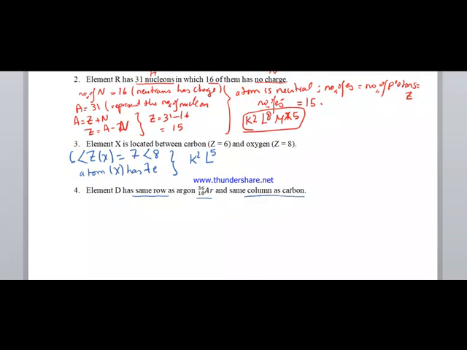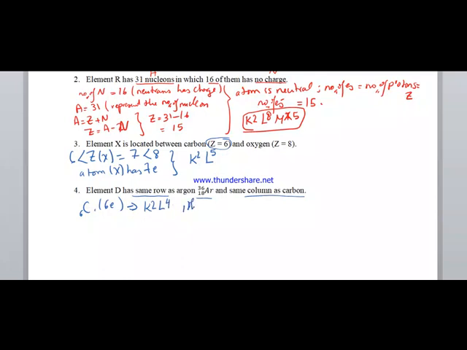For the fourth element D, it is in the same row as Ar and the same column as carbon. Carbon has an atomic number equal to 6. We write the electron configuration of carbon, which has 6 electrons. The electron configuration is K2L4.